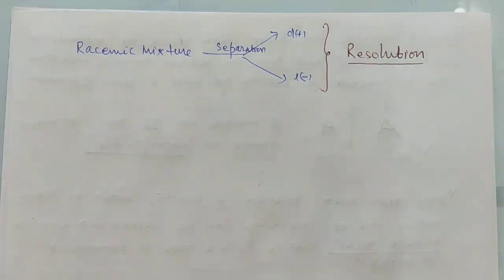So if anywhere in a question the term is used that the isomers are resolvable, it means you have to identify the dextro and levo form. It means the compound mixture has dextro and levo form.